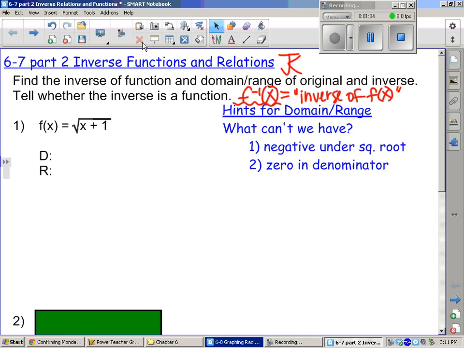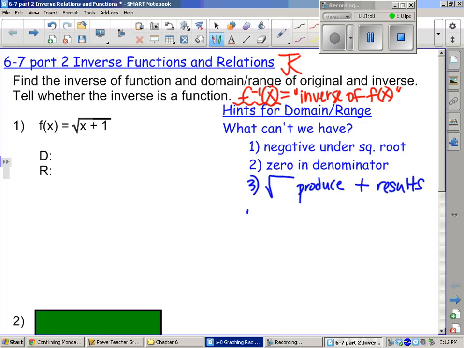So if you ever have x's in the bottom of a fraction, then we have some restrictions on the domain and the range. Maybe we could add a third one there and just say square roots produce positive results. Yeah, those are good things to think about.